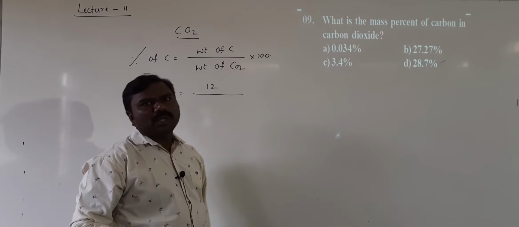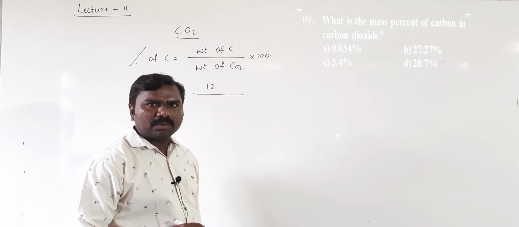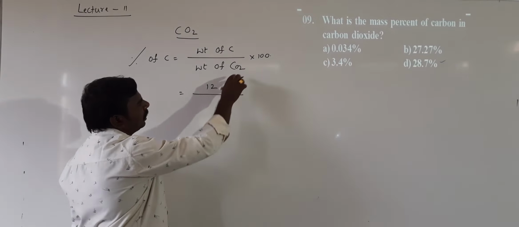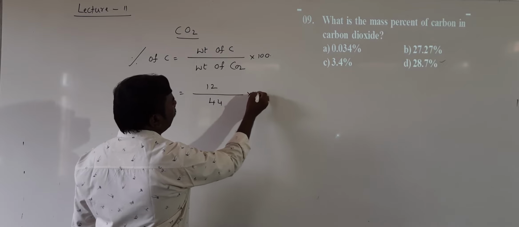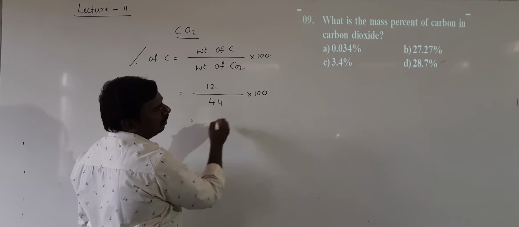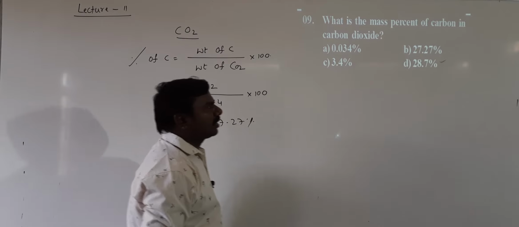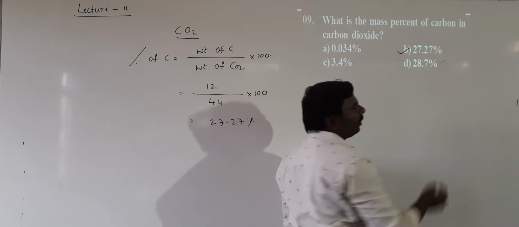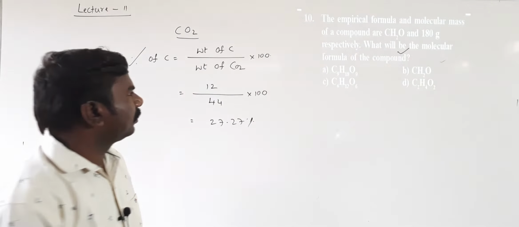Weight of CO2 means carbon 12, 2 oxygens 2 into 16, totally 32 plus 12, 44, into 100. So on solving this, 27.27%, option B, the second option, is correct.